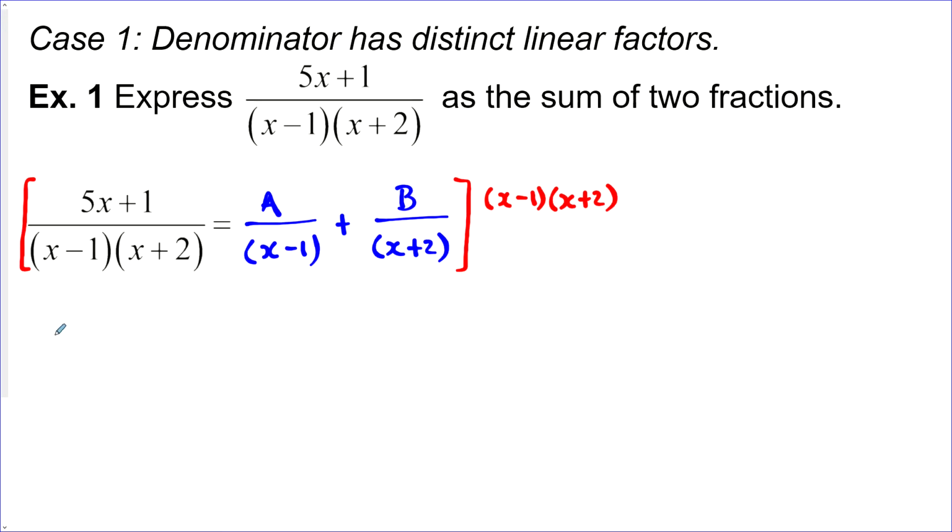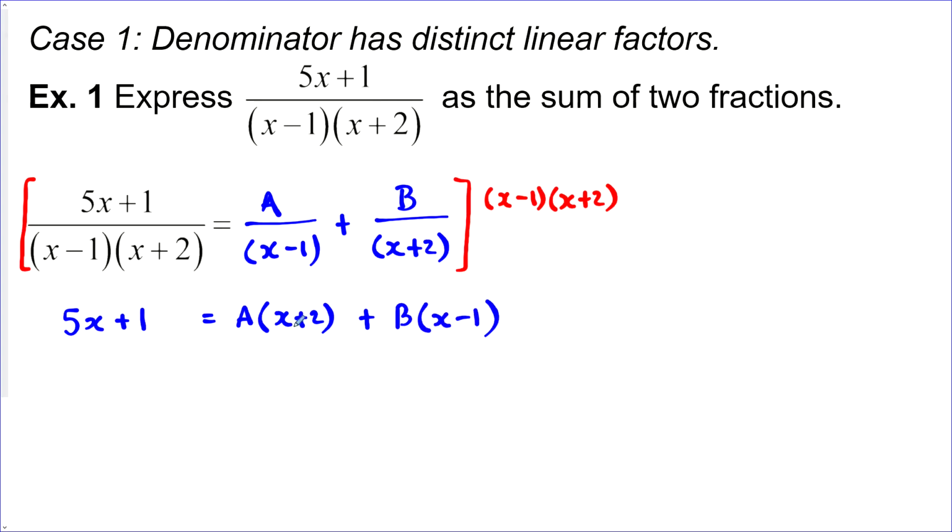So on the left side here, we'll just be left with the 5x plus 1. And on the right side, when we distribute in these two binomial factors, the x minus 1 will cancel here, and we will just be left with the x plus 2 with the a. When we multiply them into this term with the b, the x plus 2 will cancel, and we'll just be left with the x minus 1.